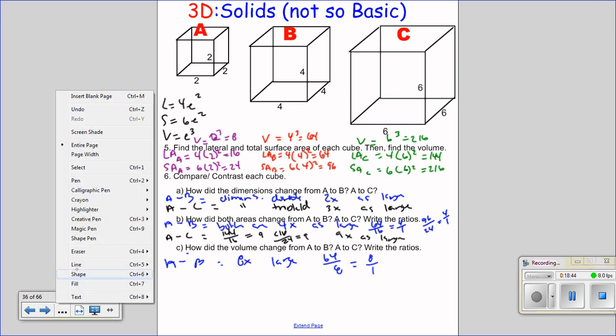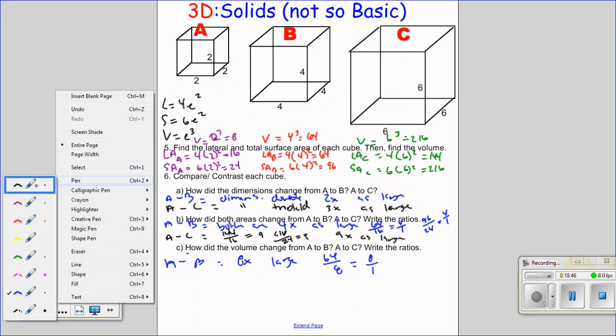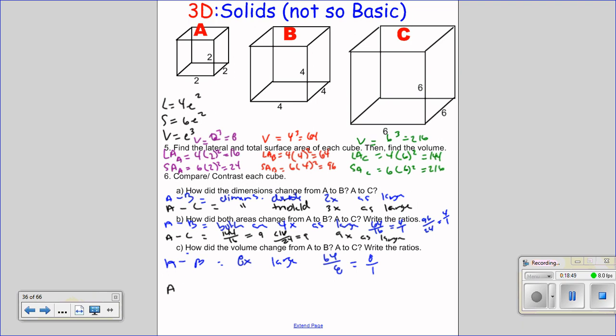And then from A to C, it became 216. Oof, that's a large one. So let's find the ratio first. 216 divided by 8 is going to give me 27 over 1. So it's 27 times as large. Wow.